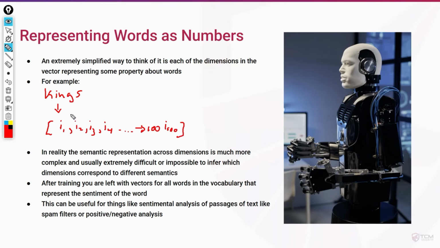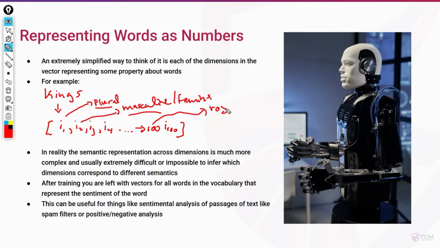Each of these, again, we could use a number from 0 to 1 to represent the dimensions. Maybe we would have one dimension that represents how plural the word is, and maybe another dimension that represents if it's a masculine or feminine word. So king would be more masculine, more plural. And I don't know, maybe we'd have one that represents the royalness of this word, right? And so on for each of these indices.